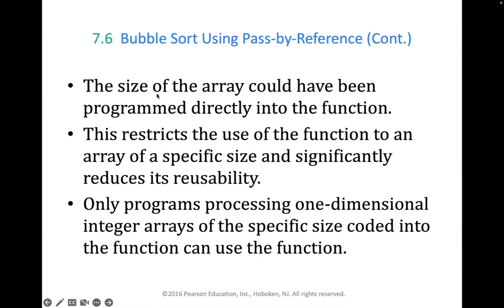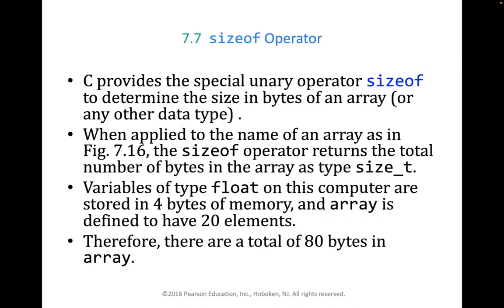So here we just talk about it. Okay, so this is another operator, section 7.7. Actually, I showed this operator before. We get the int, long int, float, double variables' size. Right?